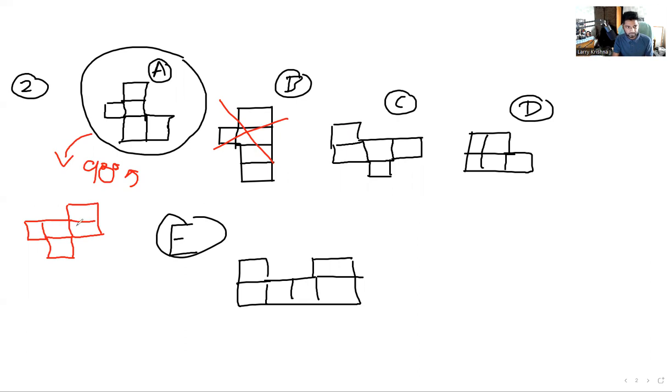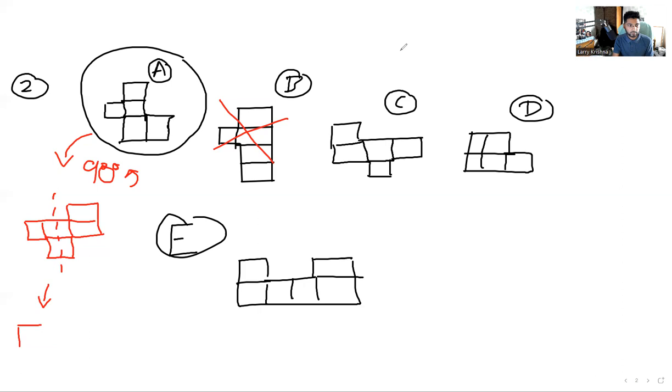So what we can now do is we can reflect this shape through here. This isn't a line of symmetry, by the way. But if you flip the shape over through this line, you get this. I need to go back one sec.